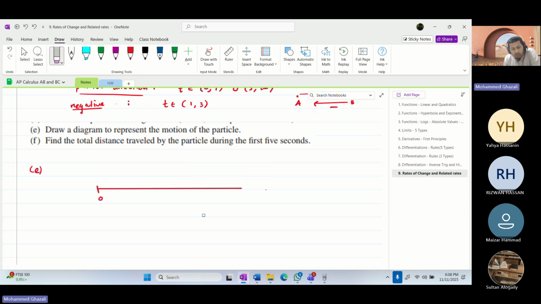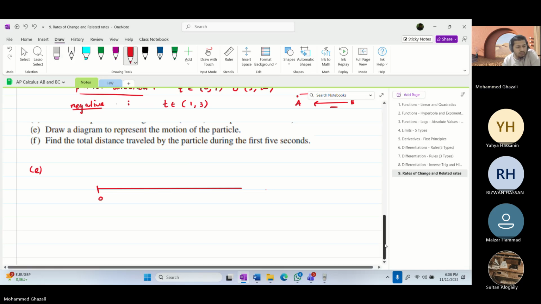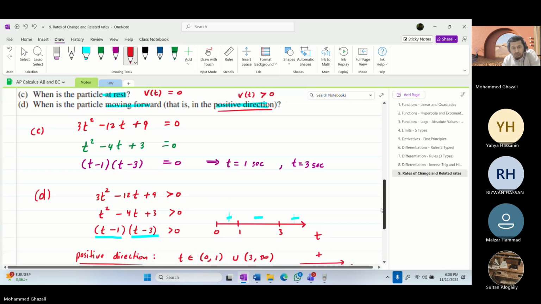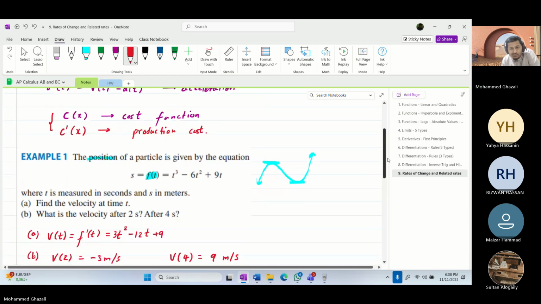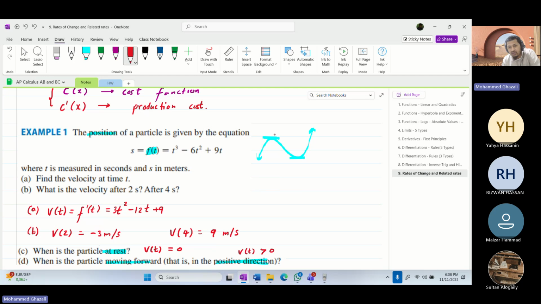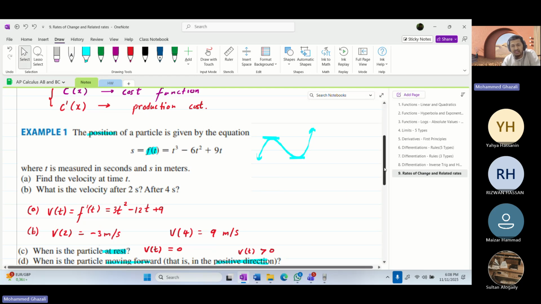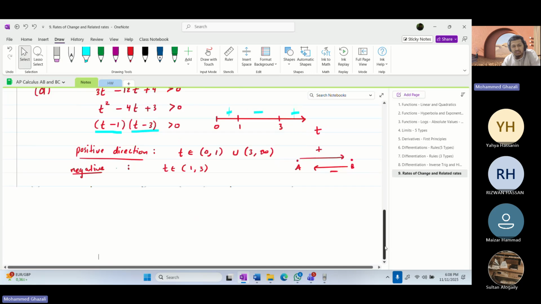So we got 0, right? What other values do we have here? No, we can draw a graph like this, it's fine, but don't we need x-intercepts and stuff?